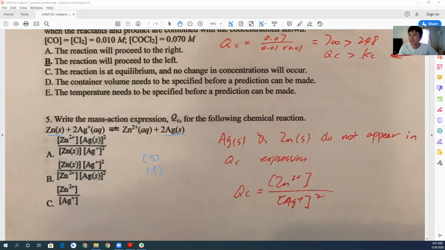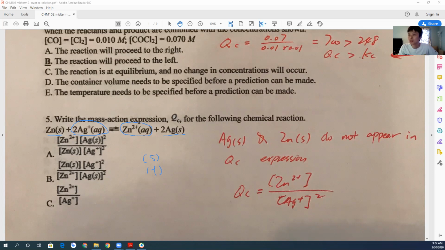In this case, we have two solids, zinc and silver, so they will not show up in the Qc expression. So we're only looking at the aqueous phase. If there's a gas phase involved, we also include those. Here we only have the aqueous phase, so only the zinc cation and the silver cation will appear in the Qc expression.